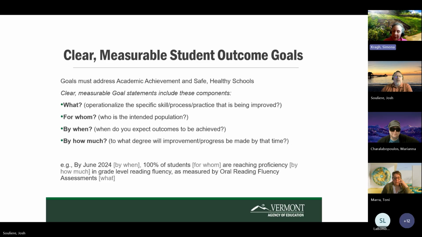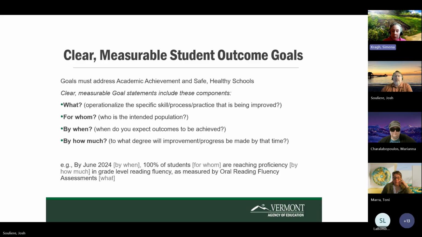There are a few reminders of how to write CIP goals. Goals must address academic achievement and safe and healthy schools. They need to set clear, measurable student learning goals. This entails 4 basic criteria. That is, they must include what, for whom, by when, and by how much.